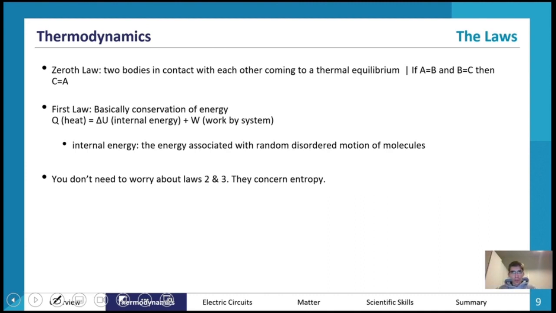The first law states that energy is conserved. In an isolated system, heat energy is the internal energy of an object plus the work which is done by the system. Internal energy is the energy associated with the random motion of molecules.